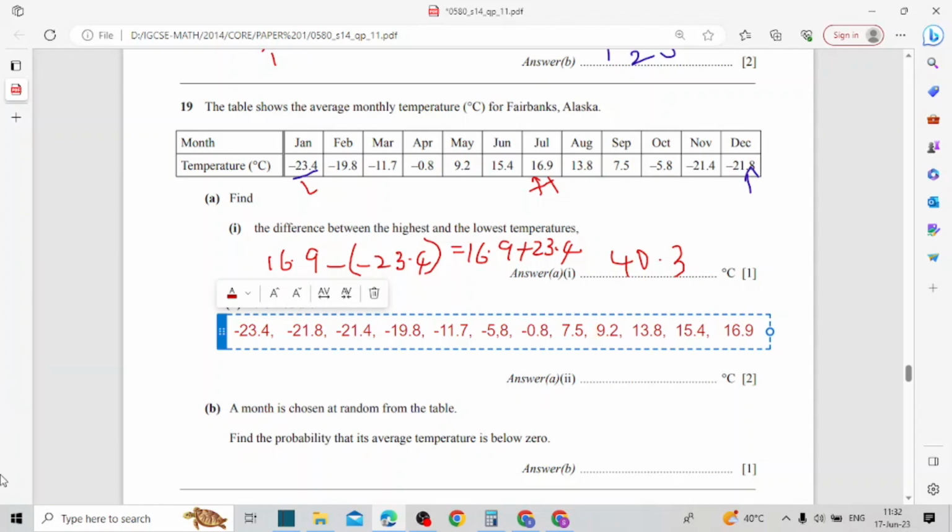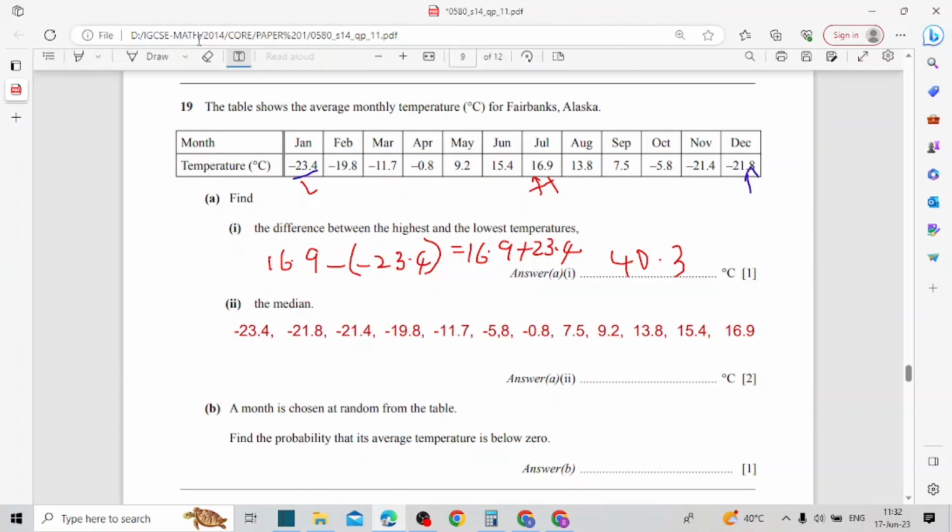Okay, now it's perfect. All 12: 1, 2, 3, 4, 5, 6, 7, 8, 9, 10, 11, 12. So how many positive temperatures? 1, 2, 3, 4, 5. And how many negative temperatures? 12 minus 5 is 7. 1, 2, 3, 4, 5, 6, 7. Perfect.